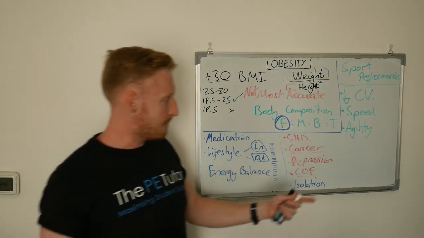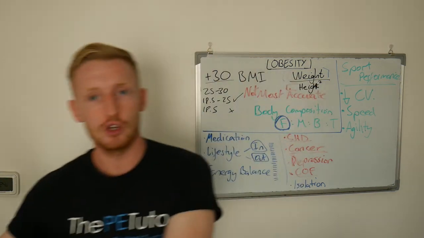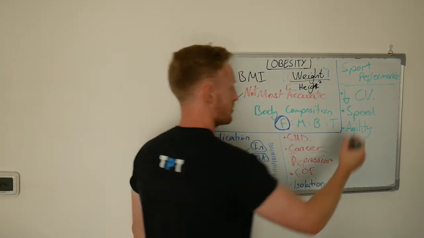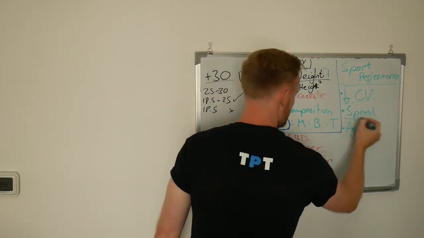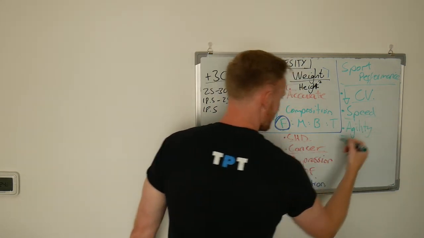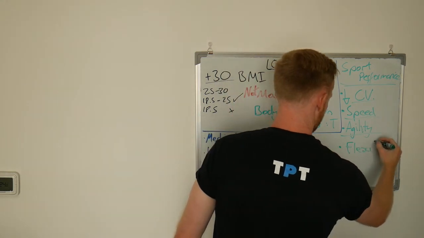So that's going to inhibit your muscles from doing what they're trying to do, which is apply force in a new direction. So, reduced cardiovascular capabilities and endurance, reduced speed, reduced agility, and lastly, reduced flexibility.